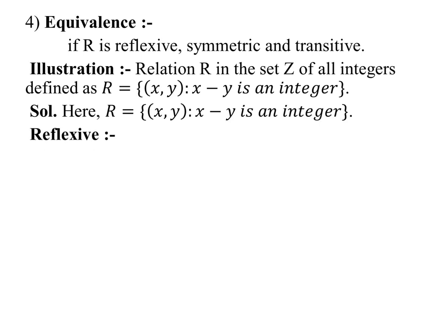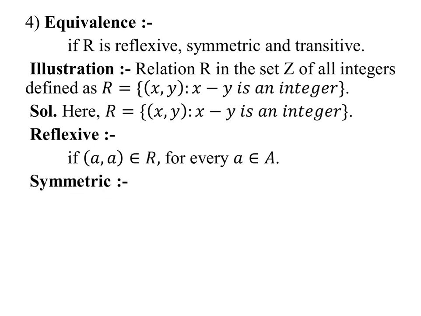First check the reflexive property. A reflexive relation means for every a, (a, a) belongs to R. So x minus x equals 0, and 0 is an integer. So R is a reflexive relation.